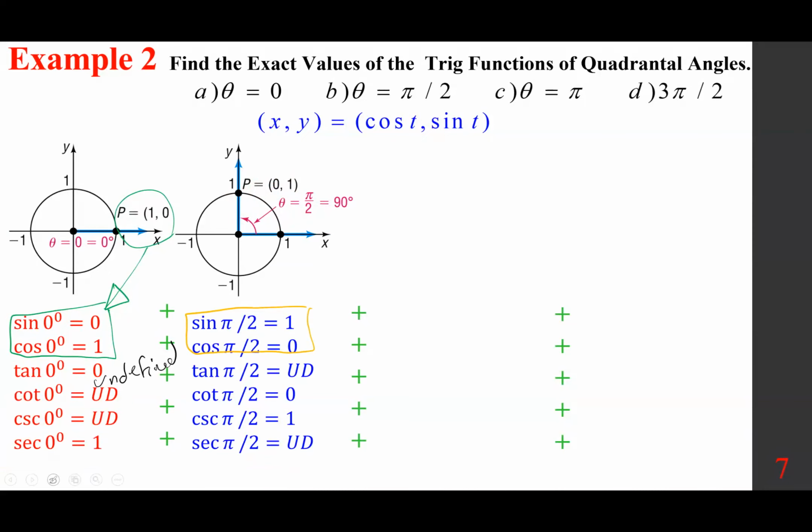Now, what happens to the rest of it? Tangent, sine over cosine, 1 over 0, undefined. Cotangent, cosine over sine, 0 over 1, 0. Cosecant, the reciprocal of sine, 1 over 1 is 1. Secant, 1 over cosine, 1 over 0, undefined.